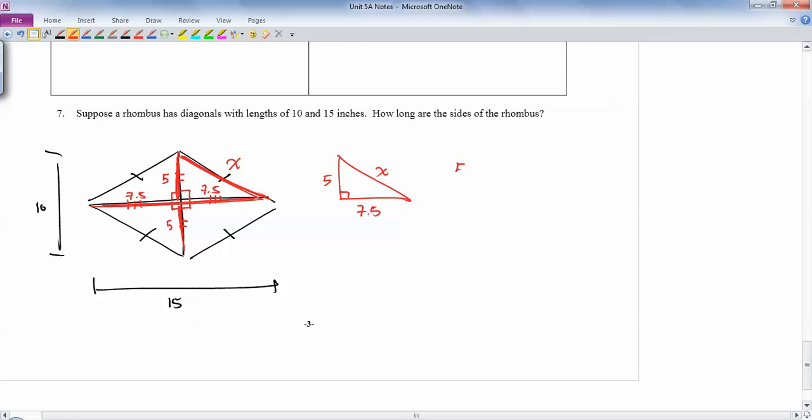When we get x, we can use Pythagorean theorem. Well, if you add these up, you get 81.25 equals x squared. And then if I take the square root, you get something just over 9, and it turns out to be about 9.014. And these are all in inches, so this is inches. So that's approximately what x equals.